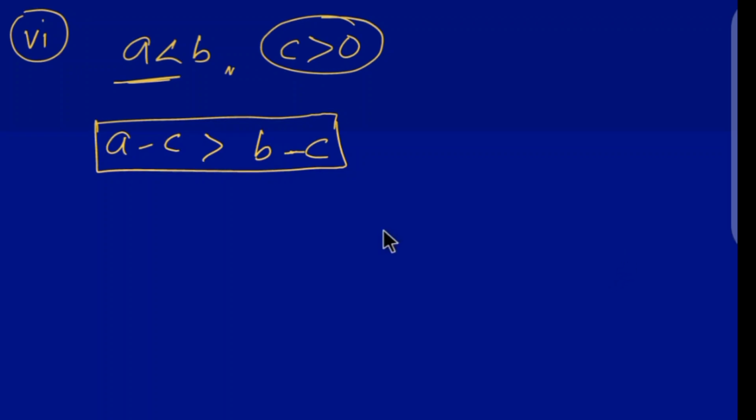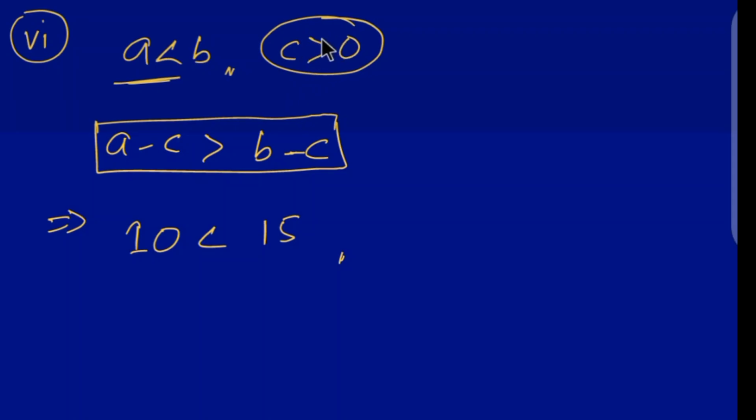Let's take a is 10 and b is 15 here. And c is a positive number. Positive means you can take 5, 6, 7, anything. Let's say c is 5. So we are going to subtract: 10 minus 5 and 15 minus 5.